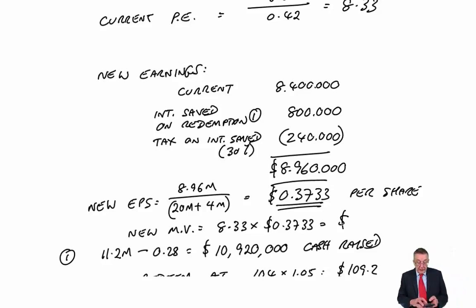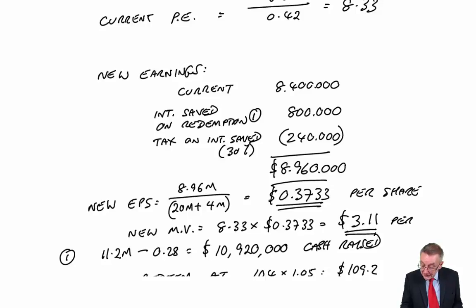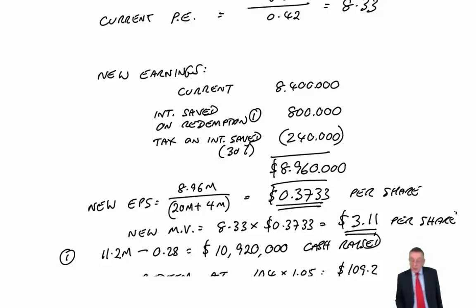I get a new market value per share of 3.11 to the nearest cent. And now we've got it, going back to how I started. The way they're using the rights issue money and repaying the loan notes and so on, the share price ends up at $3.11.